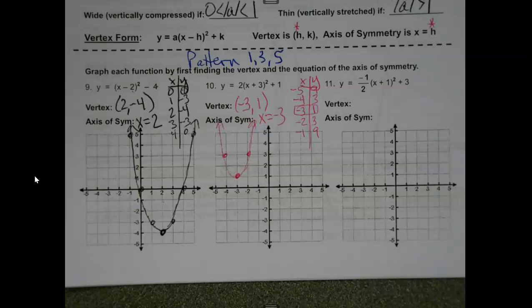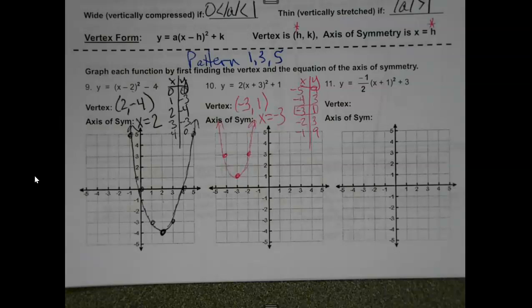There's the 3 in my next pattern. 1, 2, 3, 4, 5. Out I go. So what that lets me do is, once I have my vertex, if my A value is 1, I'm just going to go up 1, up 3, up 5, and make my points.